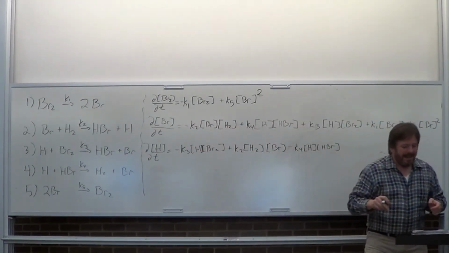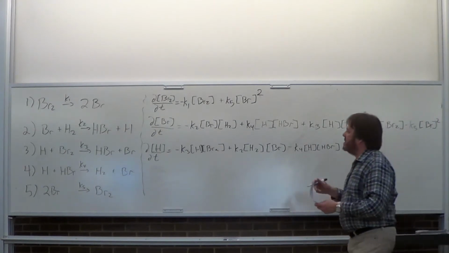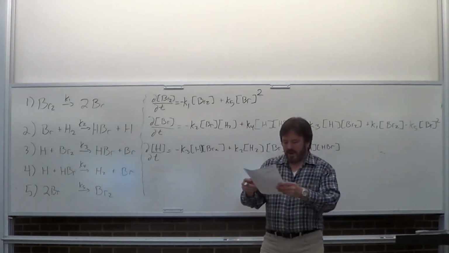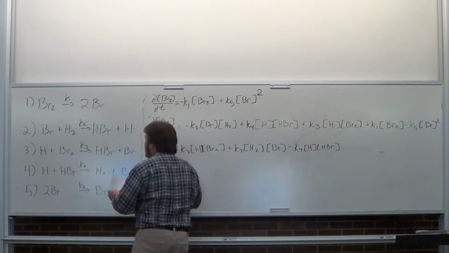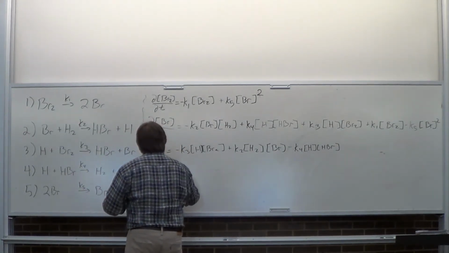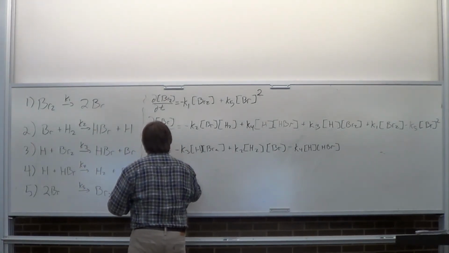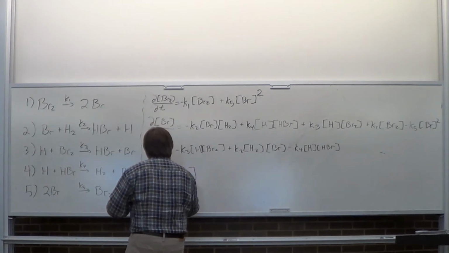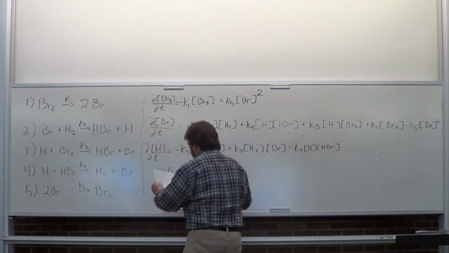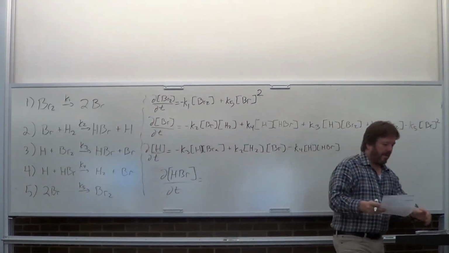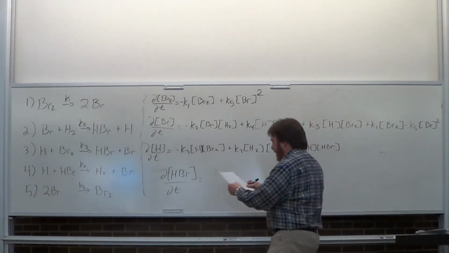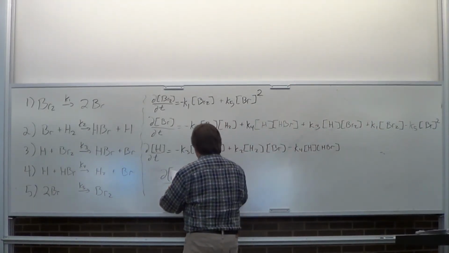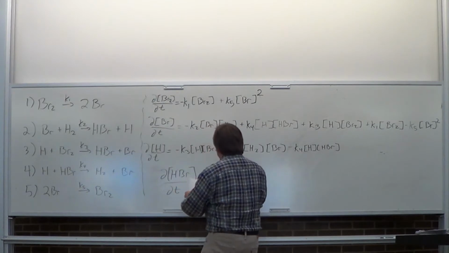All right, now the end. I noticed that I didn't write HBR. Why don't I just do that one? I just didn't latch onto it. But that's the one that you really want. And what you end up with is, I'm looking at the wrong page of notes, is K2 BR.